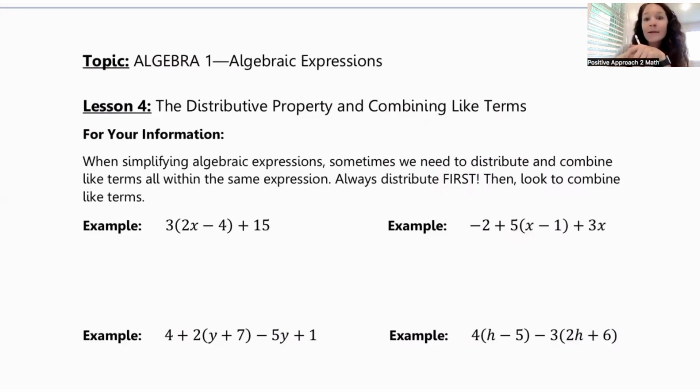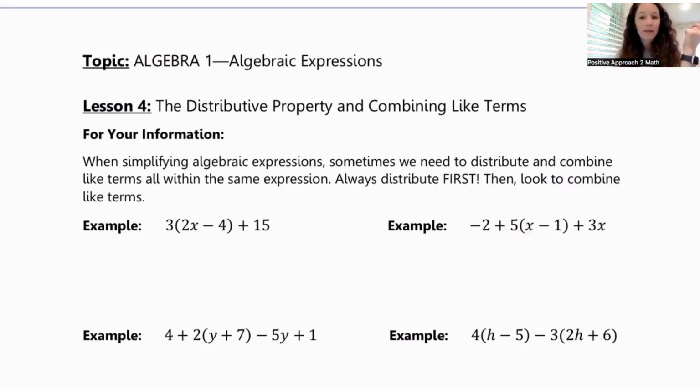parentheses. Okay, but now what happens when you see an algebraic expression with parentheses and then some like terms? You have to put the two together. And how we do this is we're going to look at the algebraic expression when we need to simplify it. It's like that game I Spy.